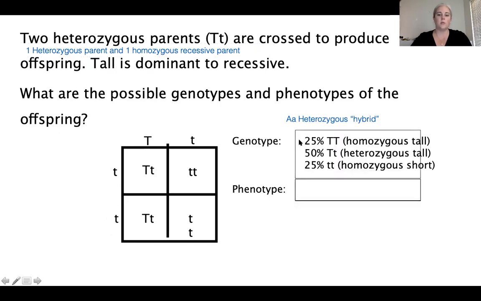You could end up with 50% as heterozygous and 50% as homozygous recessive. The genotypes written here are actually for 2 heterozygous parents being crossed, which is not what's pictured.